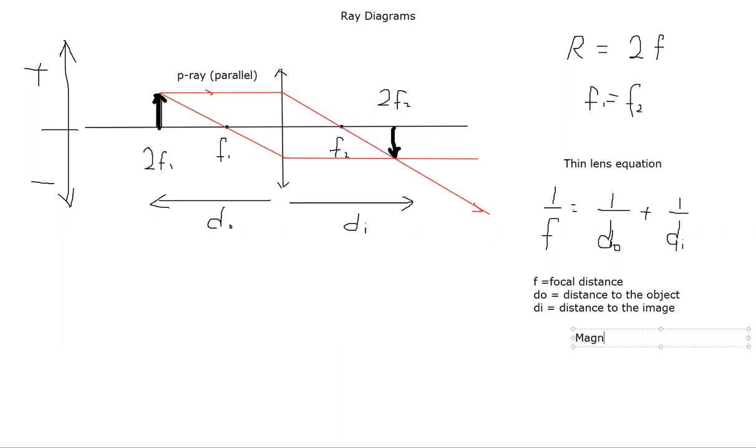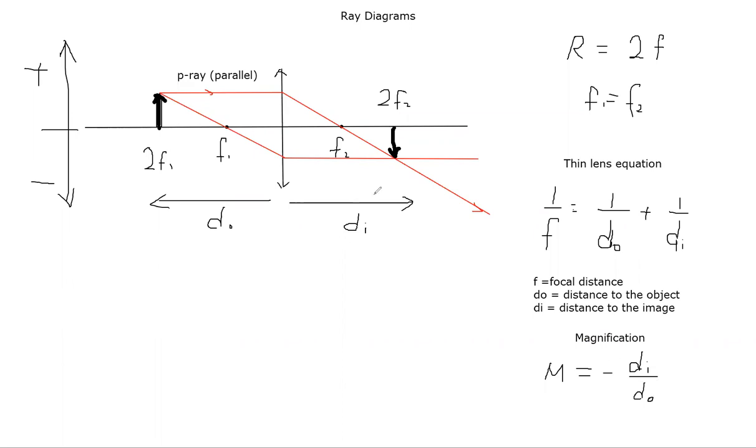Magnification. So magnification looks like this. M equals minus sign DI over DO. So it's basically how many times the image is larger than the object. Okay, minus sign here is also important.